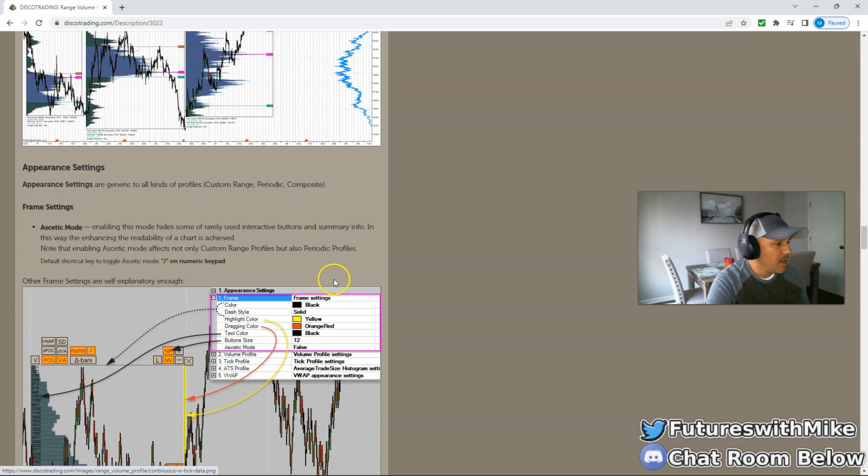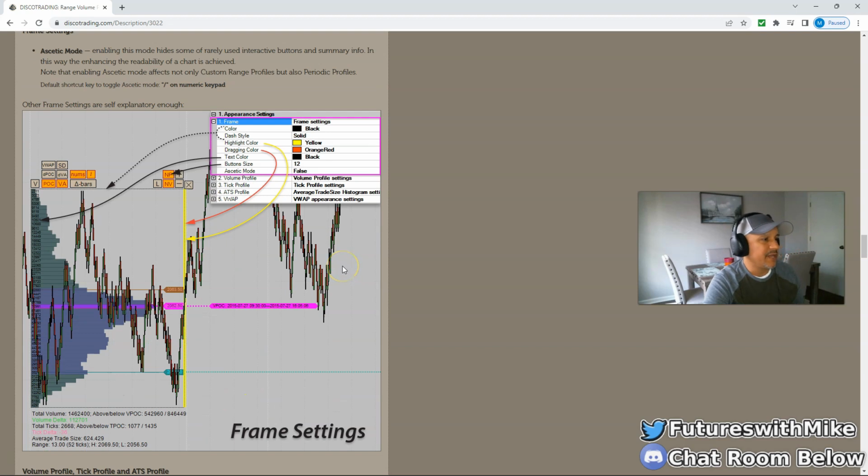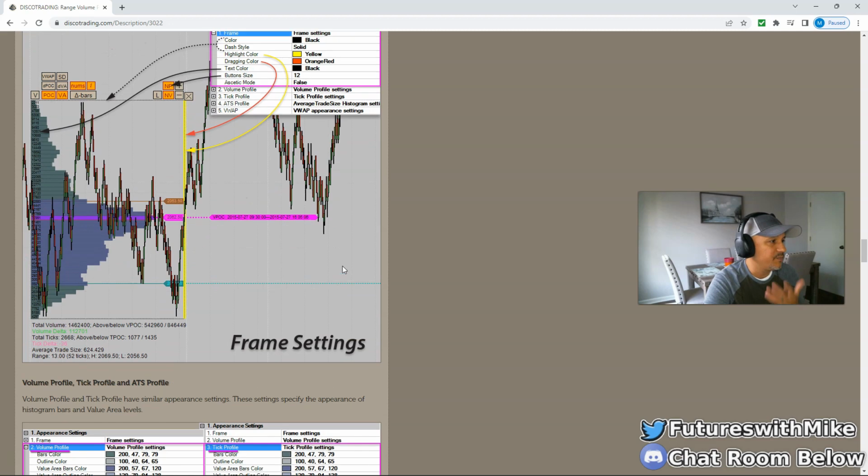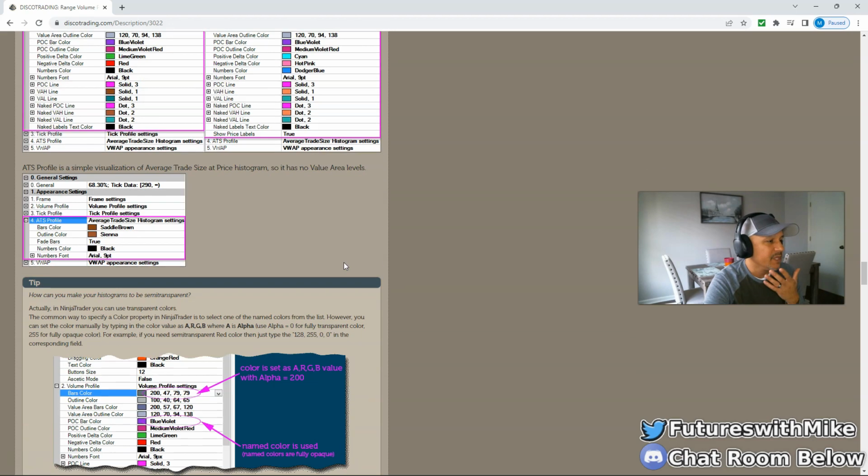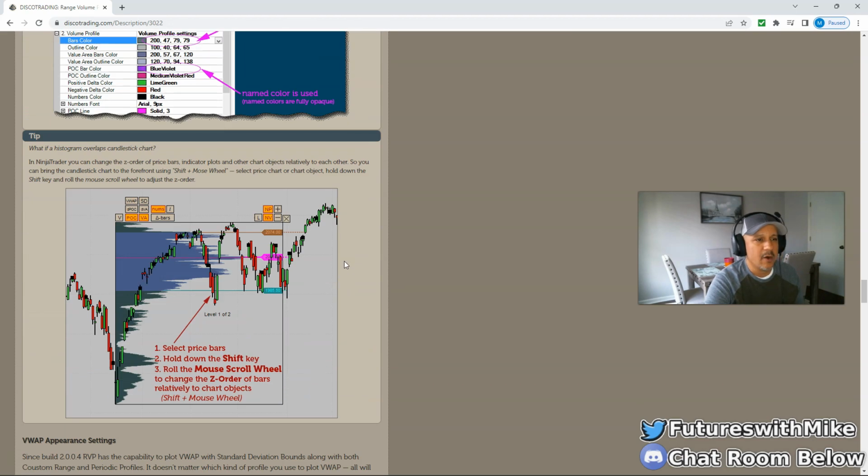Okay, so this is the indicator that I use from discotrading.com. Again, it's called the range volume profile, and it's packed with so many different features. Now I know NinjaTrader offers a volume profile tool, which I believe is part of the order flow suite. Many years ago they didn't offer this, so you had to go out and find a third-party indicator if you wanted to add volume profile to your charts.